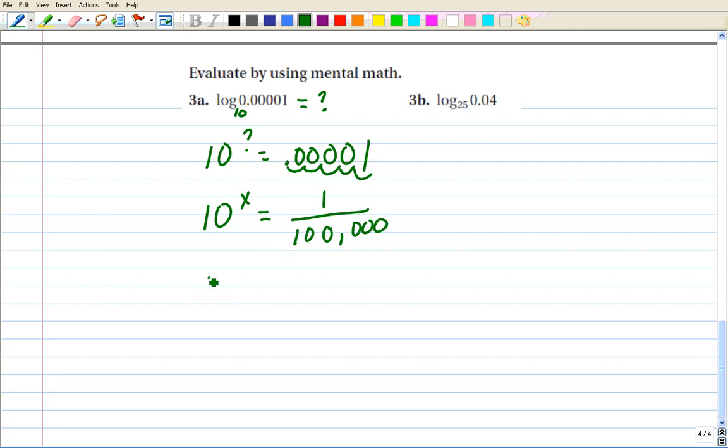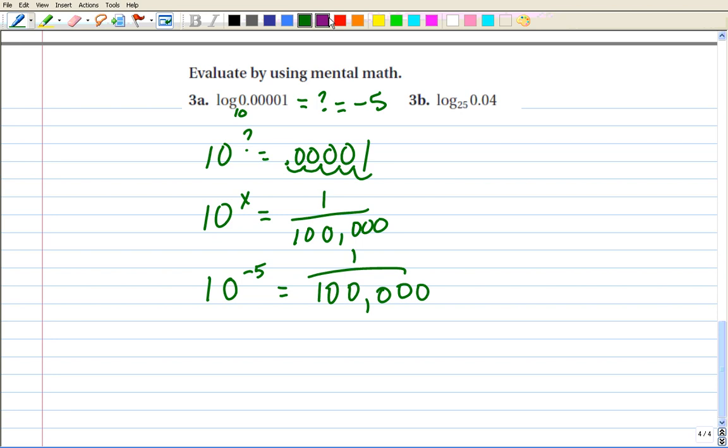Well, I know that 10 to the 5th power is 100,000. So to get 1 over that, my exponent is negative 5. Therefore, this log is equal to negative 5.